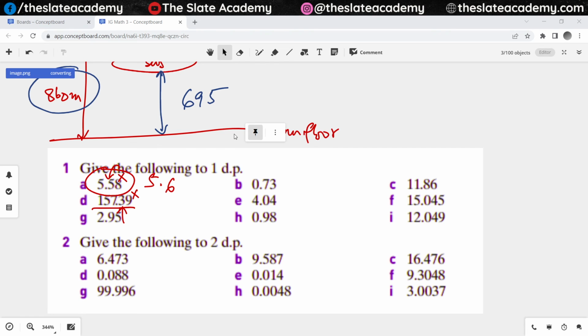Is 9 more than 5 or not? More than 5, so the 3 gets 1 added to it. We get rid of 9, and to compensate for that, we add 1 to this 3. So it becomes 157.4. Okay.